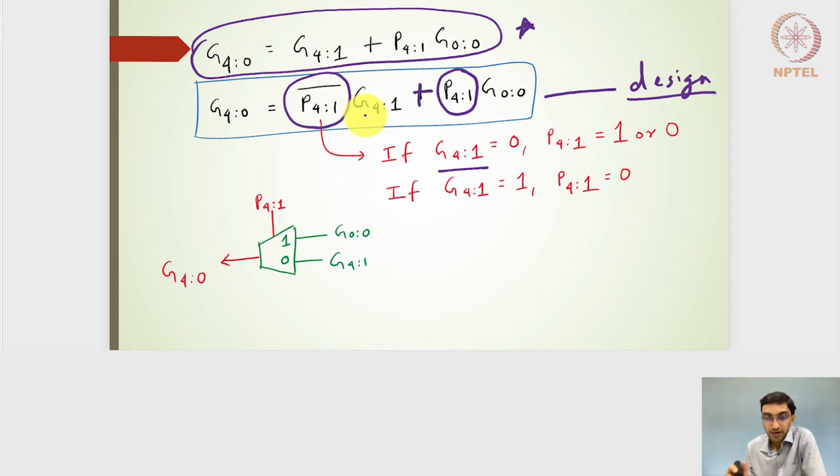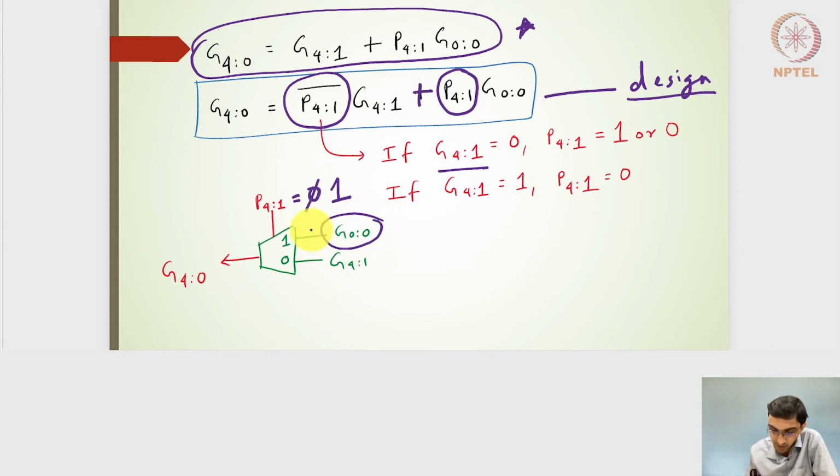So this is very important to understand: once I have the group propagate signals, P4 is to 1, whether it is 1 or 0, if it is 0 in this case, it will pass G4 is to 1 to the G4 is to 0 output. If it is 1 here, then it passes G0 is to 0 into the G4 is to 0.